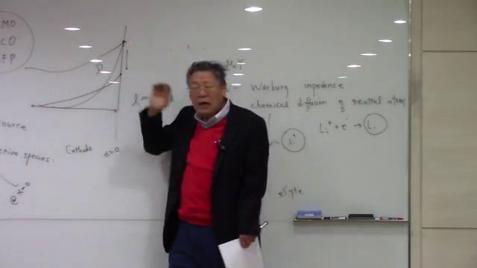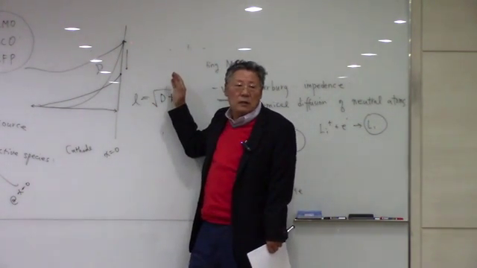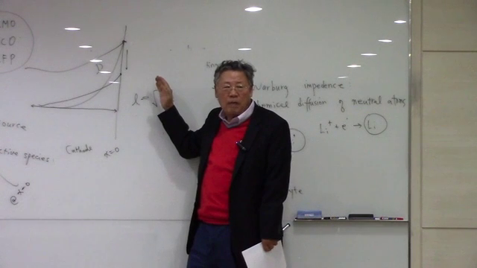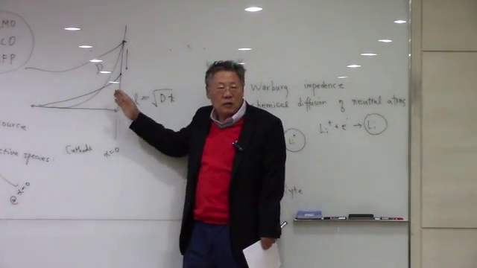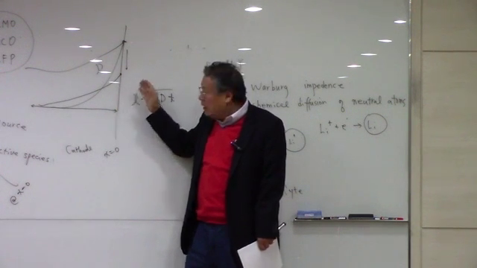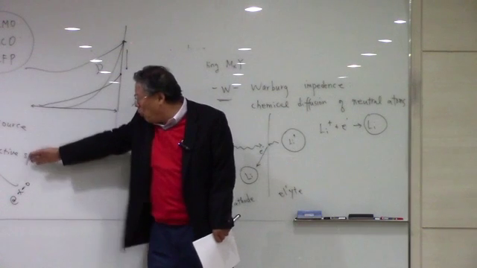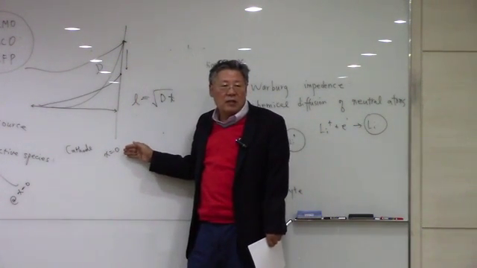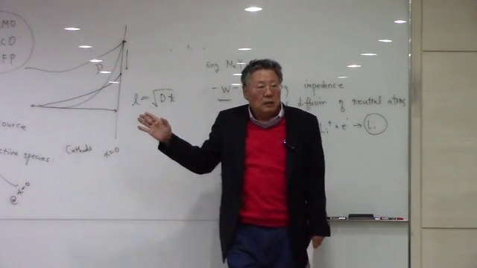But if you have a high diffusion coefficient material, then a lot of electroactive species forced to pile up at the surface and inserted in your cathode material can be accommodated into the whole body of the cathode through high diffusion coefficients.